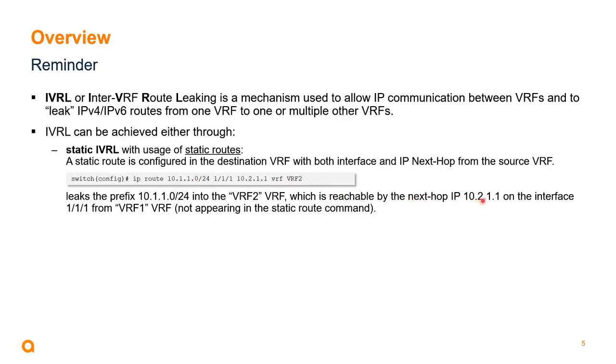So the next hop 10.2.1.1 is reachable on the interface 1/1/1. And that interface and next hop IP are inside VRF1. And in no way do you see VRF1 appearing in the CLI for this command. So that's one way, using static IVRL.